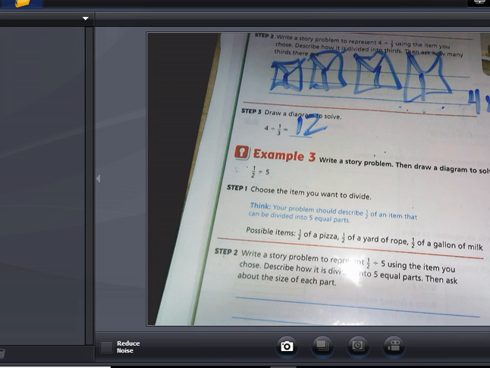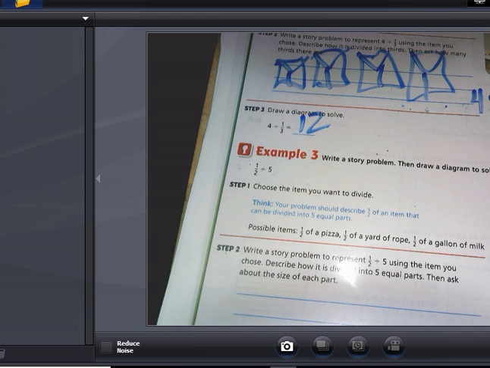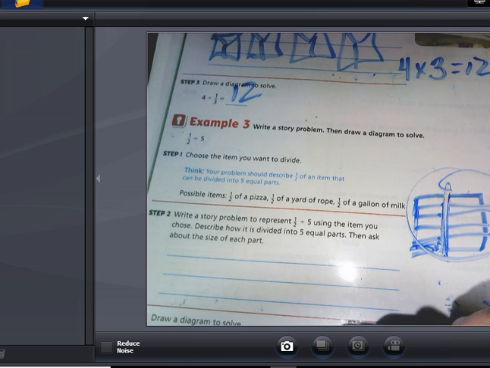How much are they going to get? They're going to get 1 out of how many equal parts do I have altogether? I have 10, or I could say 1/2 times 5 equals 1/10. I started with a fraction, I have to end with a fraction.